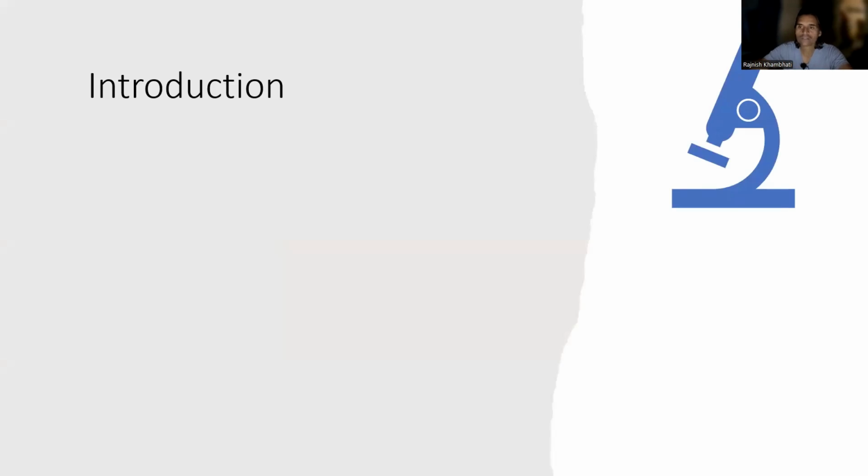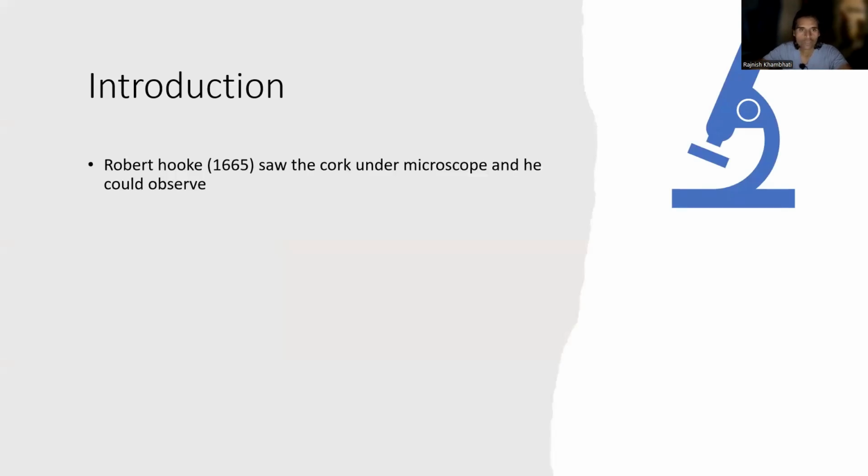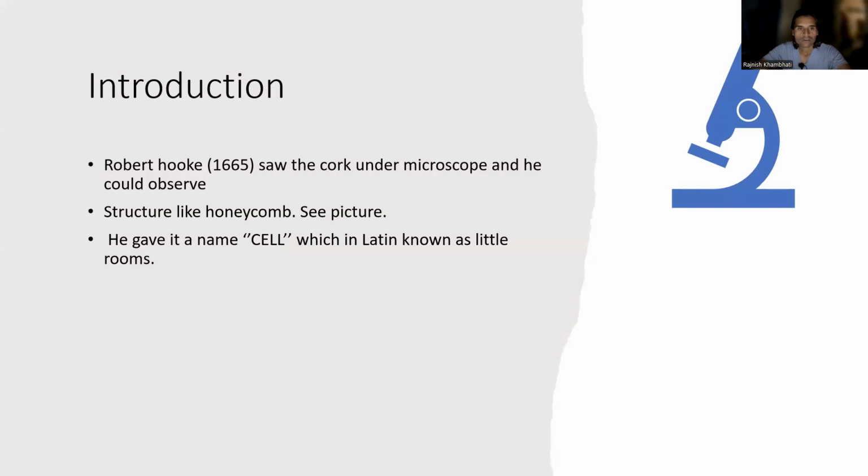We will start with some introduction. Scientist number 1, the very first, Robert Hooke, in 1665, he saw the cork.